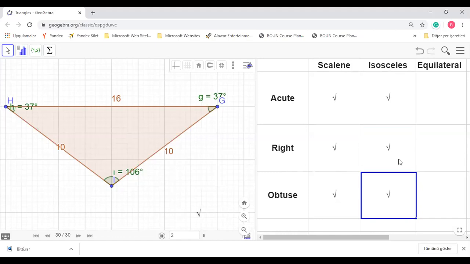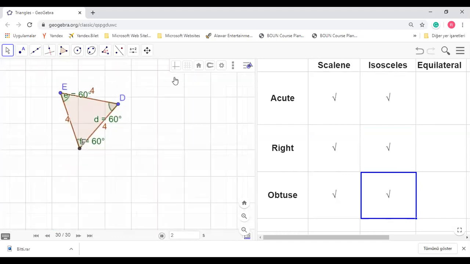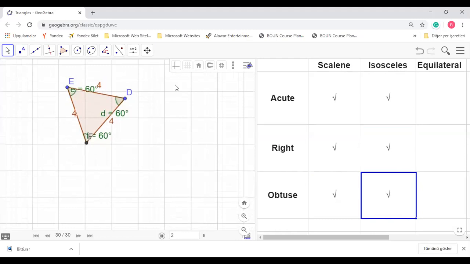And the last one is equilateral. Remember, equilateral triangles have three equal sides, right? Let's look at this triangle. This is an equilateral triangle, right? Because all sides are equal. Now I want to change its side length and I want you to pay attention to its angles.